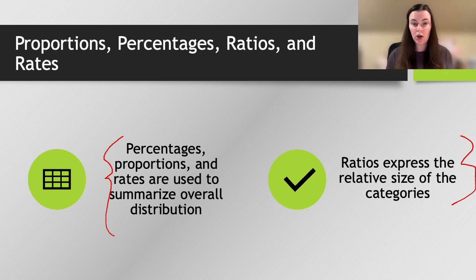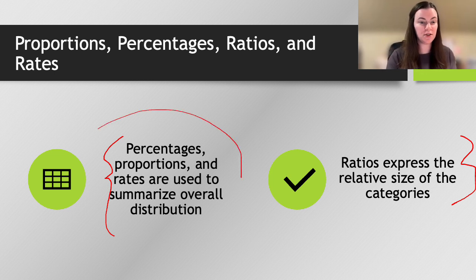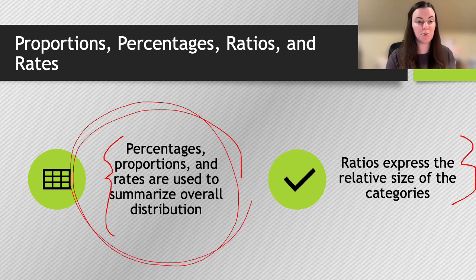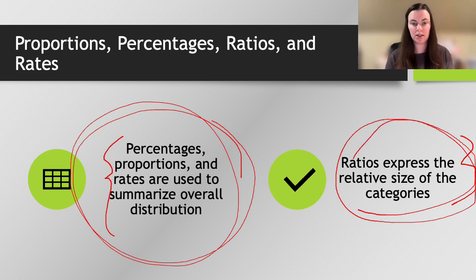So what we just calculated with our death penalty example is what is one size group compared to another. And so here we're using more just of descriptive statistics and simply summarizing our overall distribution, where here we're looking to express the relative size of each respective category. Again, in our example of the death penalty, it was the relationship between supporters and non-supporters.